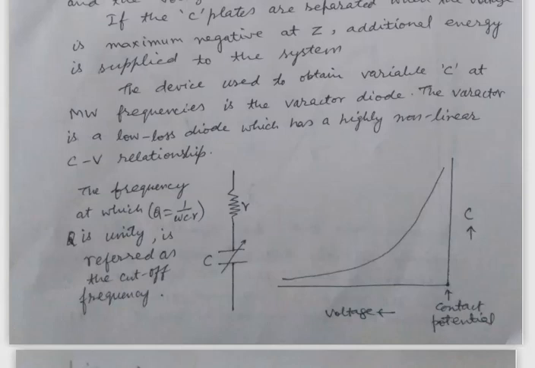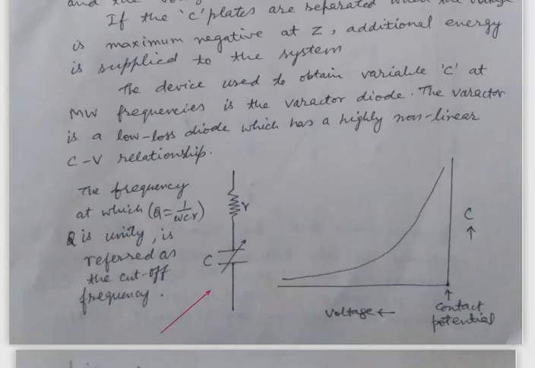The Varactor is a low noise diode which has a highly non-linear CV relationship as shown in this figure, and in the adjoining figure this is the equivalent circuit diagram of the Varactor diode.